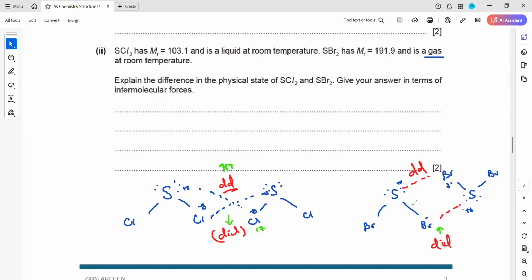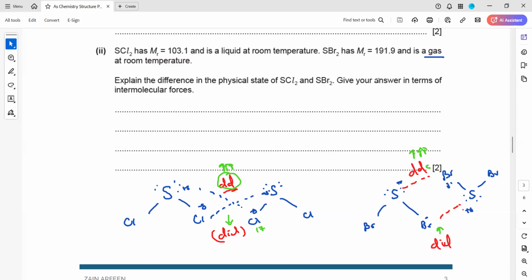But due to the difference in electronegativity, there is dipole-dipole force. Chlorine is more electronegative, so SCl2 will have a stronger dipole-dipole force, and this one will have a weaker dipole-dipole force.